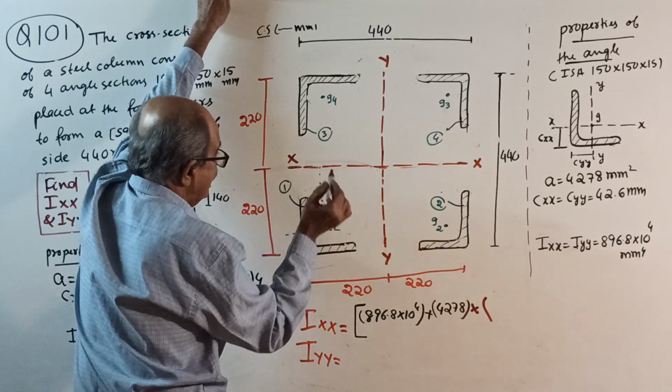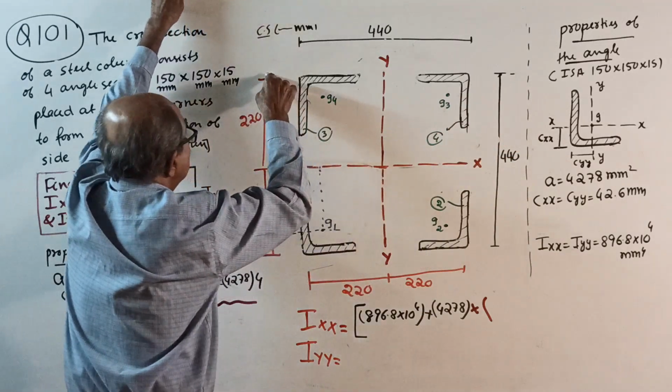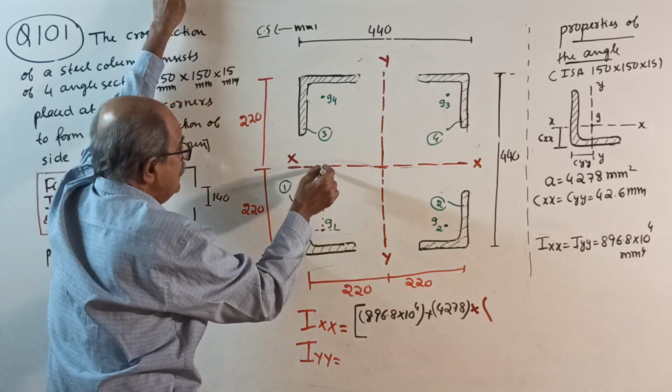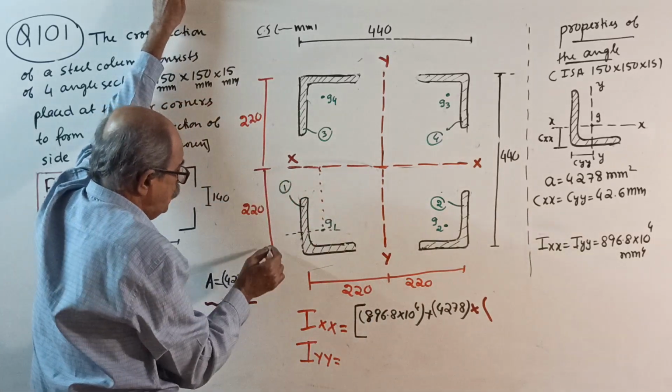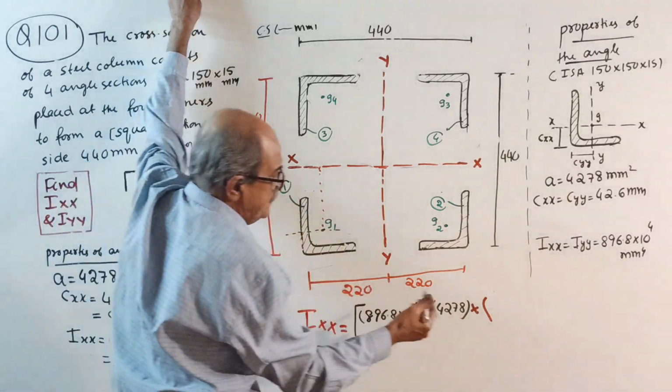This distance squared: if this is 440, this is 220, 220. Same way, 220, 220. We want this distance squared, which is 220 minus this distance.